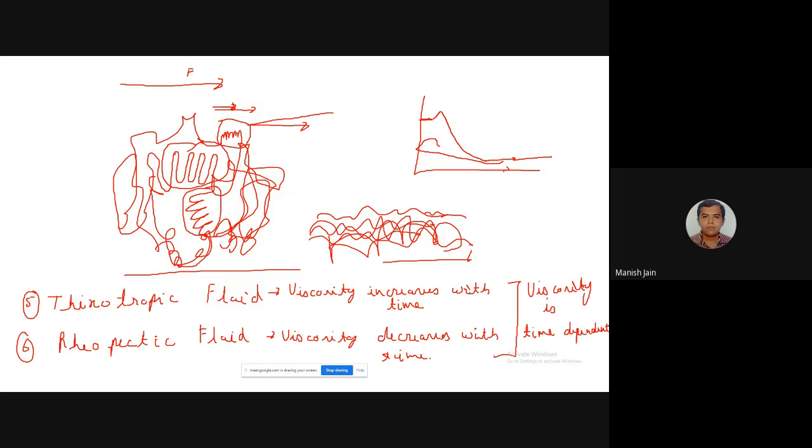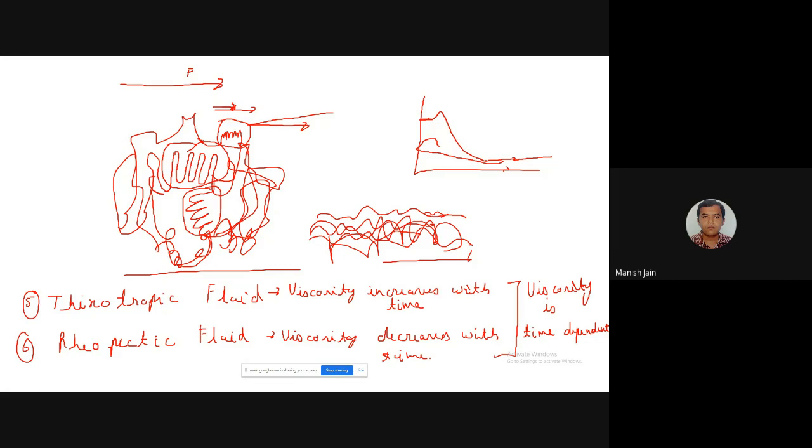Sometimes there is a fluid where the cross-linking occurs automatically due to the presence of moisture in the atmosphere, like Feviquick type of fluid, or a material like gum. If you leave the gum in the atmosphere, the molecules slowly start to cross-link to each other, and then the viscosity will increase due to the partial cross-linking between the molecules. So with time, viscosity will increase.